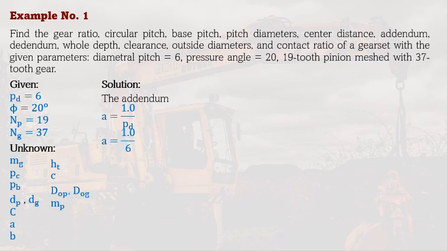So the addendum would be equal to 0.1667 inch. Again, this is the same for both the gear and the pinion. So now you can draw that addendum since you already have the pitch circle.